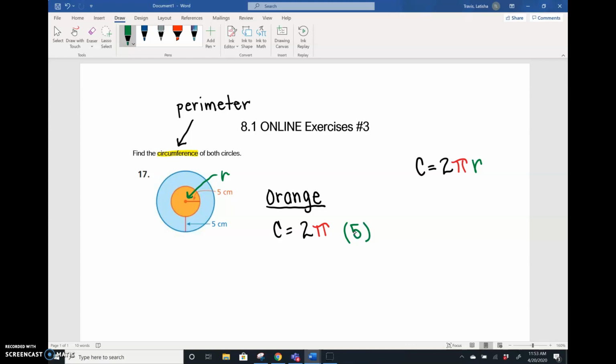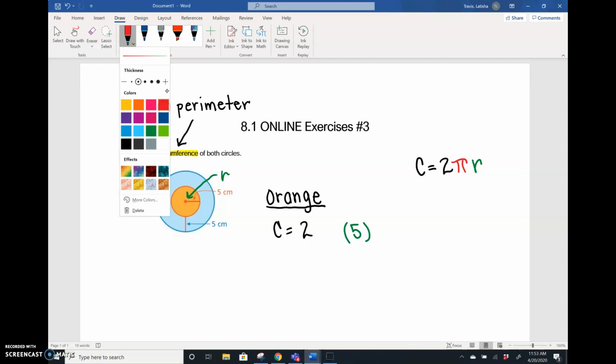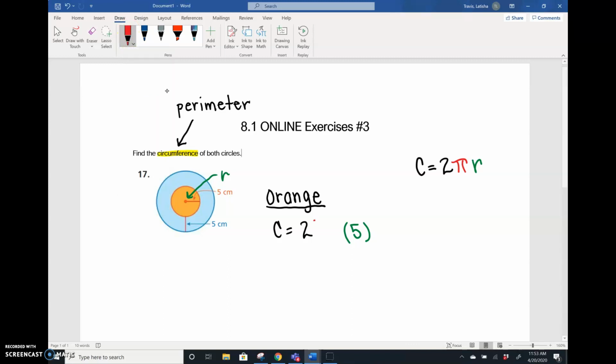So next I'm going to replace my symbol pi for what pi represents. Pi represents the ratio 3.14. So I'm going to put my 3.14 in its place with parentheses.